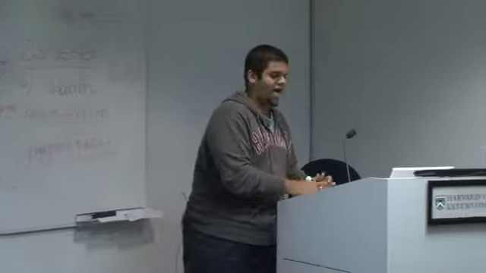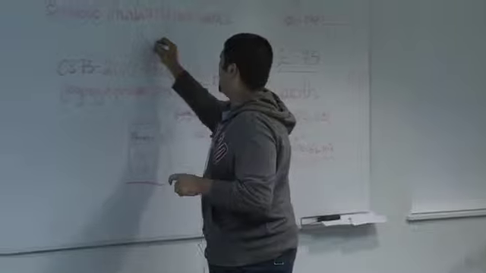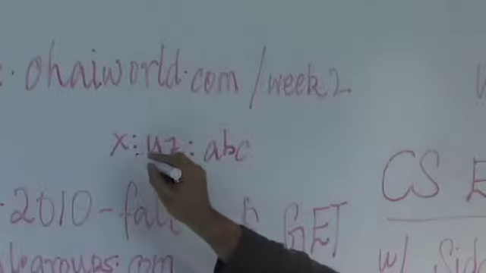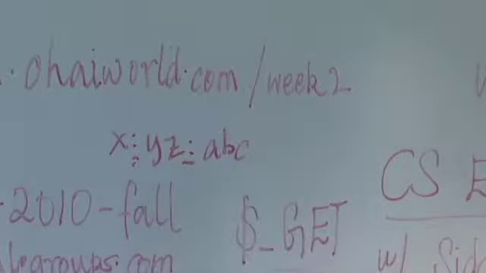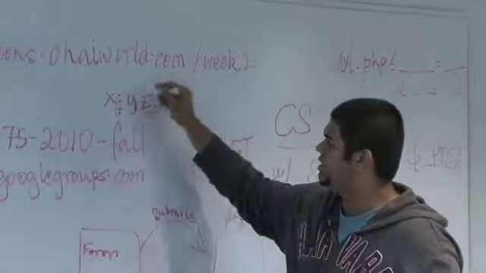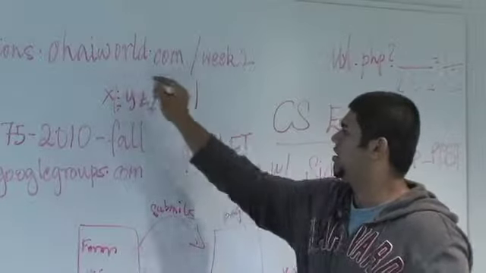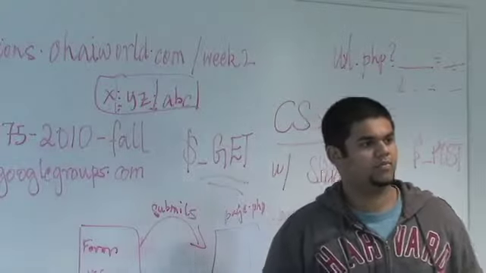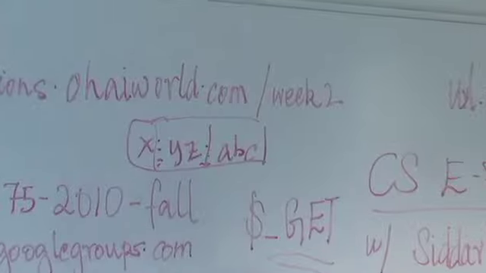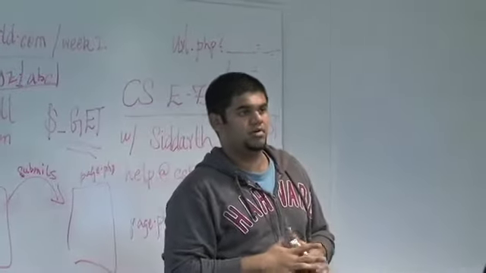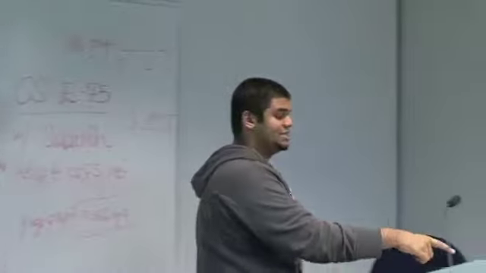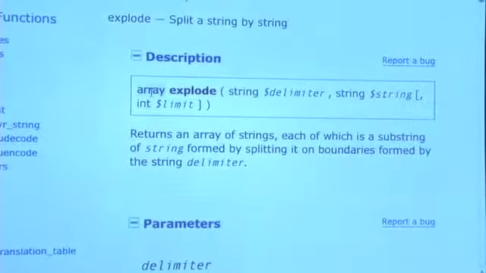So if you have, let's say, x colon yz colon abc, and you use a delimiter of a colon, it will basically give you an array with three parts in that form. The output of the function is an array, and you can see that by the description. It says right here, array explode. So that's the return value of the function.